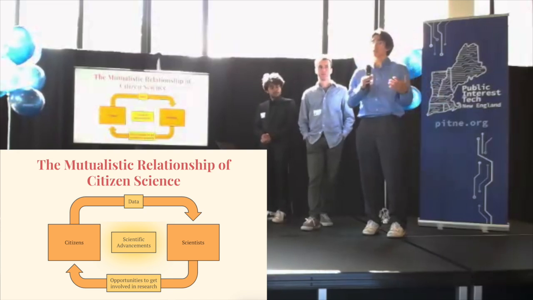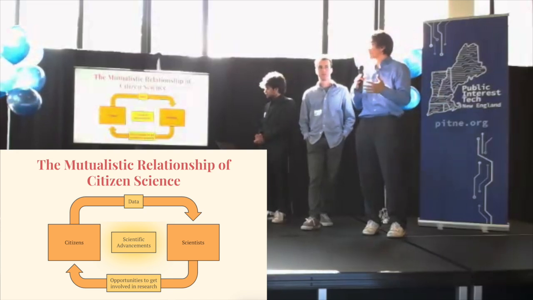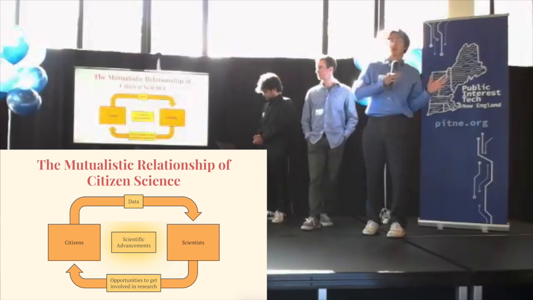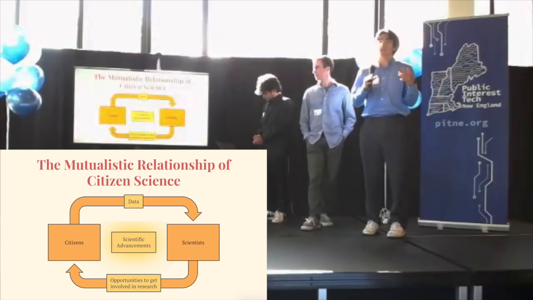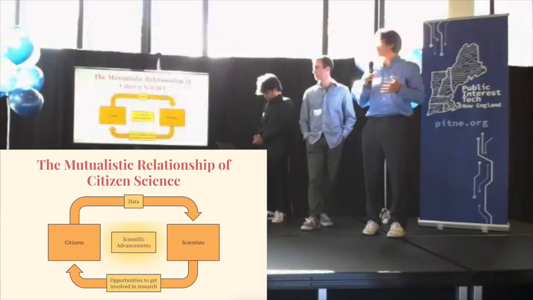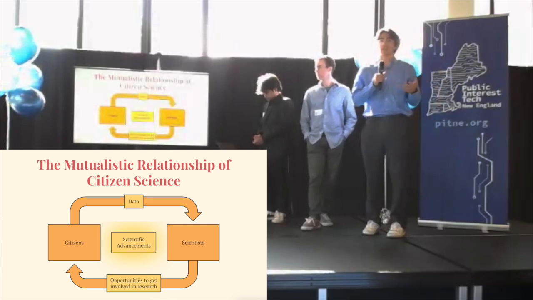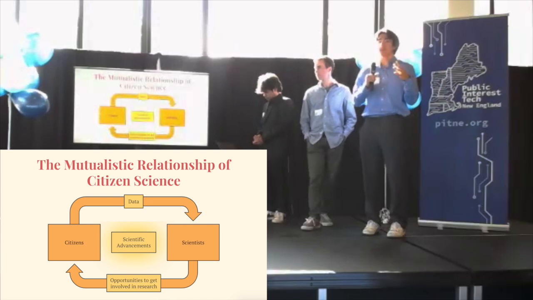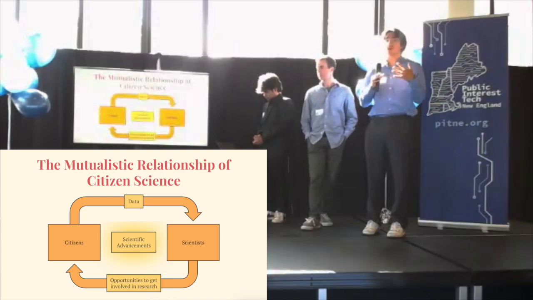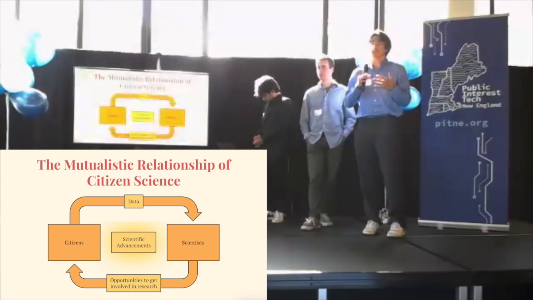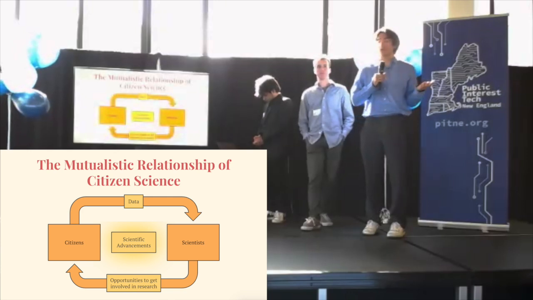In this case, the citizens are offering data, because research can't be done without data. Data is expensive and hard to collect, and if you incorporate citizens, it can be done on a massive scale. Through this cooperation, we can get scientific advancements that weren't possible before.